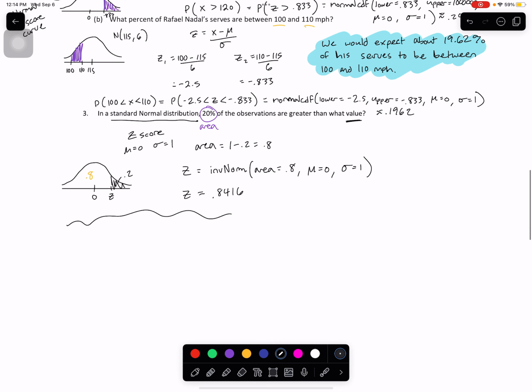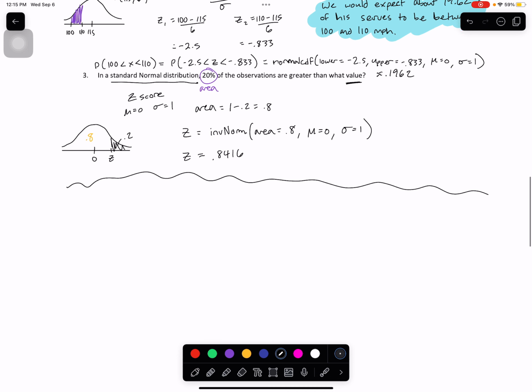So if instead the question asked what serve speed is the cutoff for 20%, or if 20% of the observations are greater than what serving speed, then I would just have to do a few more steps.